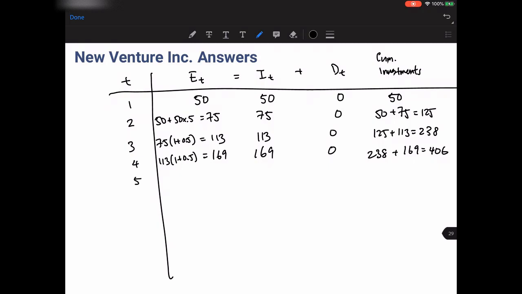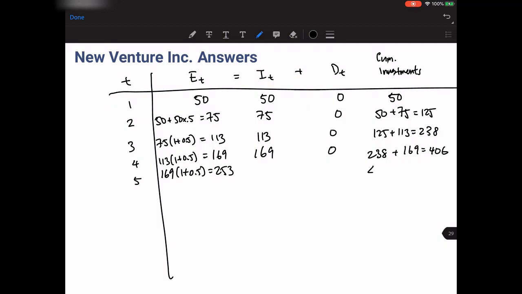Fifth period is where we will actually hit the 600 million target for our cumulative investment. We invested 169, which will generate a return of 50%, and our earnings will be 253. But we won't invest all of it because we can only invest up to 194.